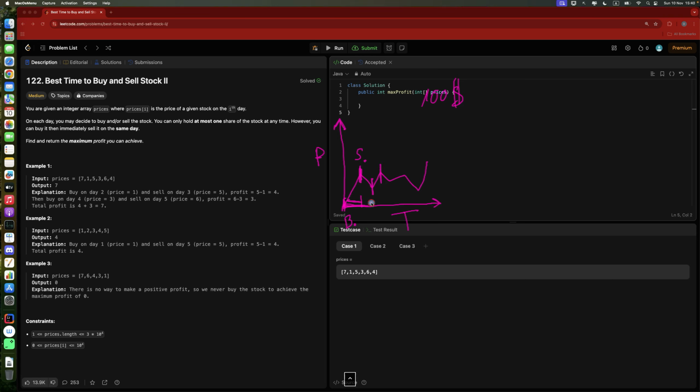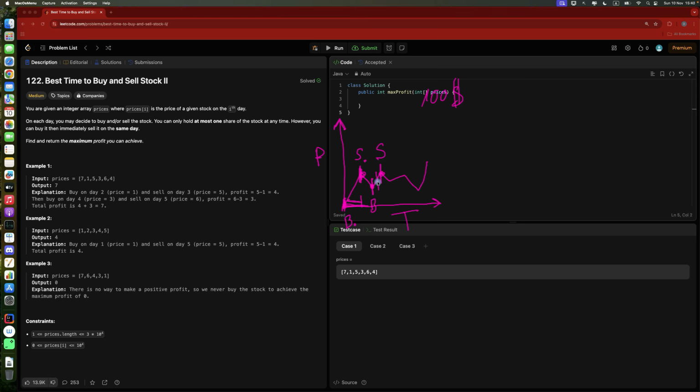Sell here, right? And we are going greedy here. We will always buy at the optimal and sell at the optimal. We will not, for example, sell here because it's not optimal.